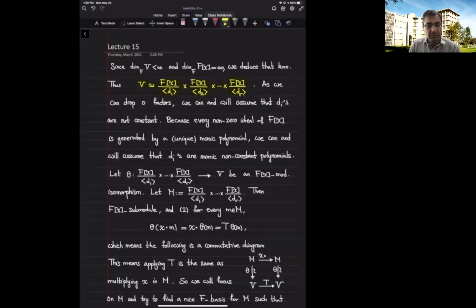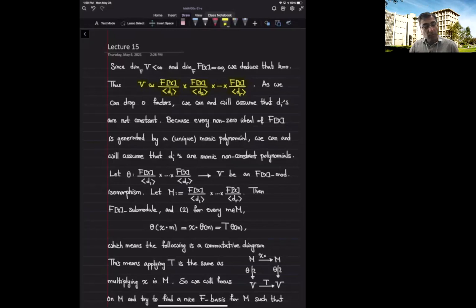We have already pointed out that the d_i's are non-zero elements of F[x] that came out of the classification. So far we have these non-zero, non-constant polynomials d_i, each one dividing the next one.